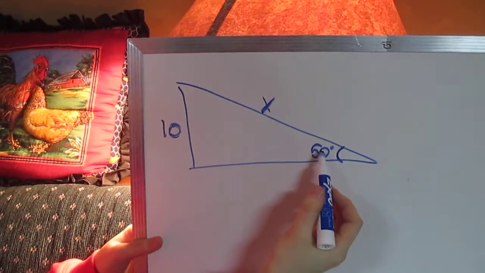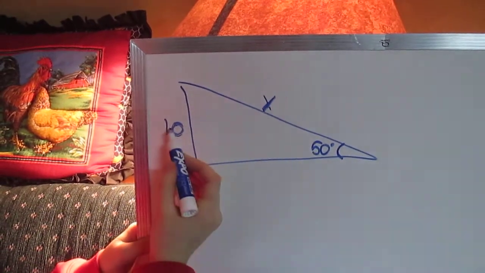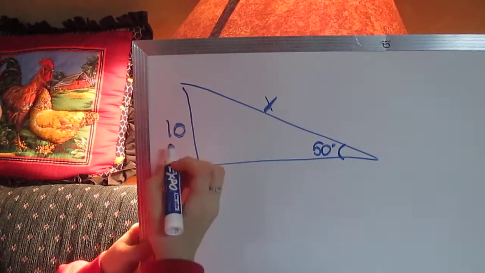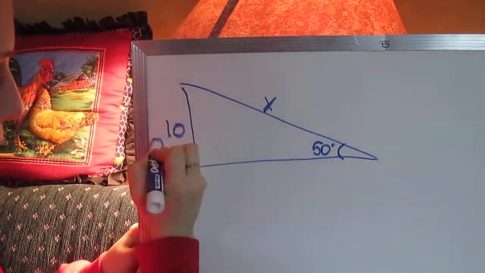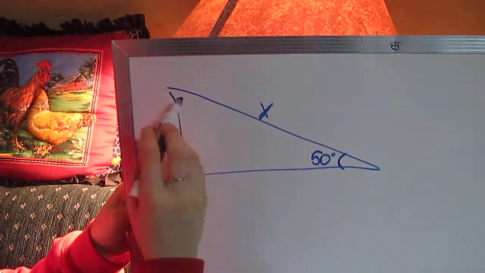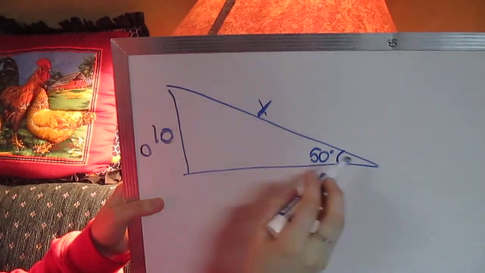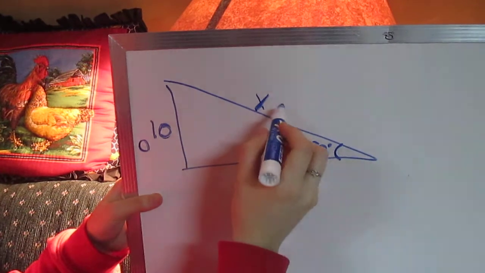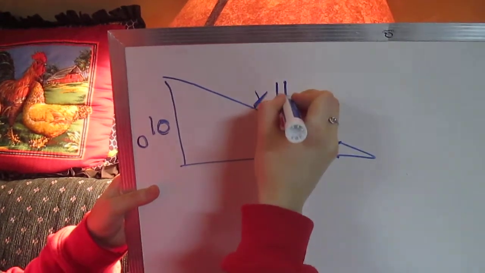So this is the angle, and opposite from the angle is this number. So this makes this the opposite side, so you label it opposite. And now you look at which one is the longest side. So that will be this one, the hypotenuse.